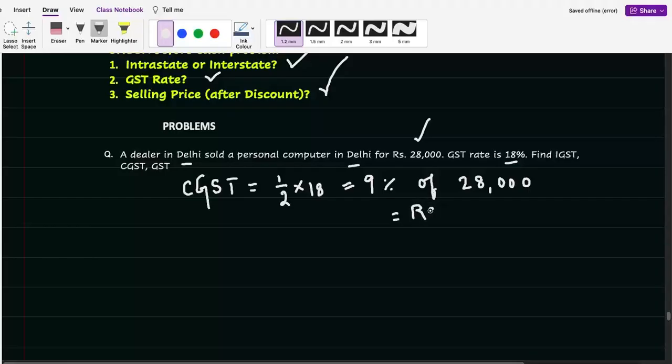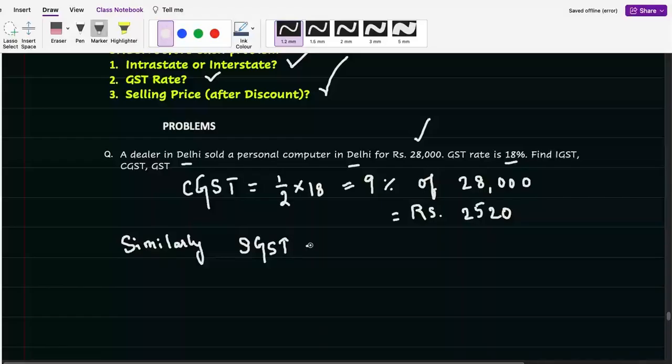So this is your CGST. Similarly, SGST is also calculated as 2,520.